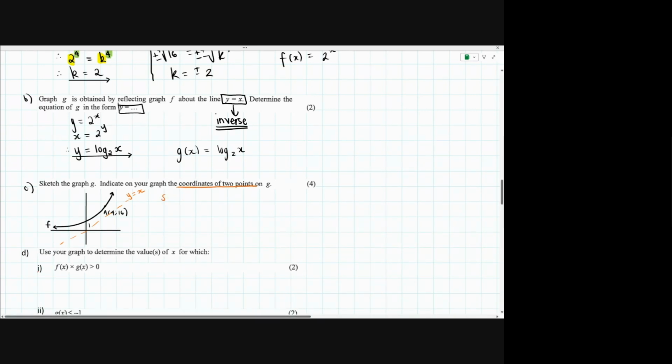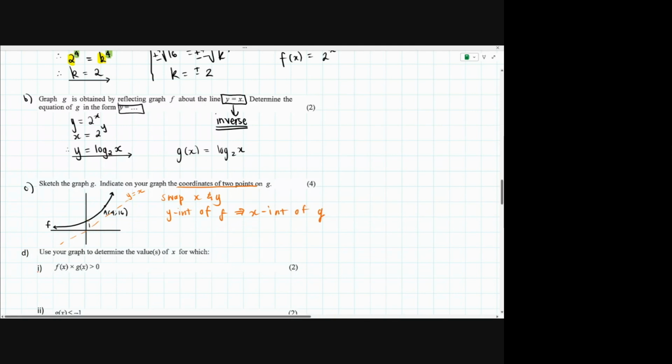Because of this whole swapping of x and y, what that means is that our y-intercept of f becomes my x-intercept of g.